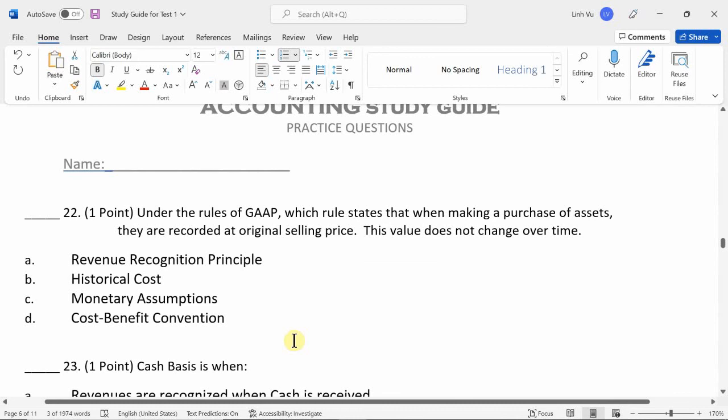All right, number 22. Under the rules of GAAP, which rule states that when making a purchase of an asset, it is recorded at the original selling price? The value does not change over time.